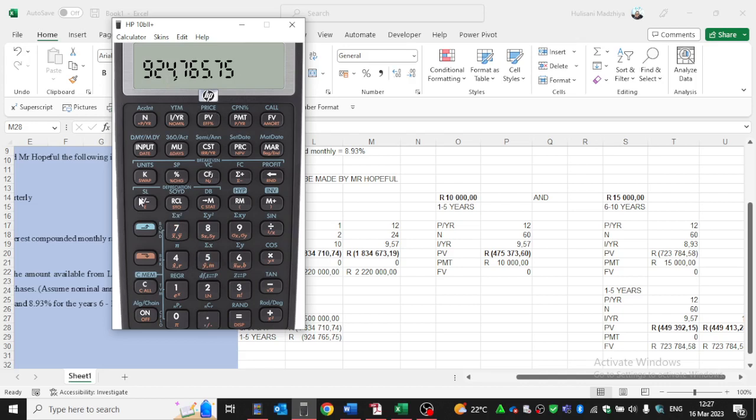So this is the amount that he needs to invest today as a present value. So what will be the future value? The future value will be 723,787.58 cents, which is the one that we get here at the beginning, at the end of 5 years.